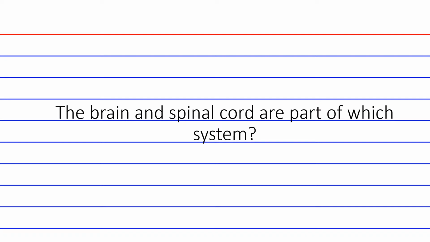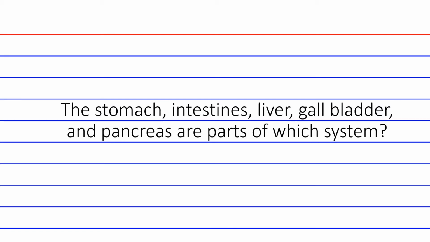The brain and the spinal cord are parts of which system? They are the nervous system. The stomach, intestines, gallbladder, liver, and pancreas are parts of which system? They are parts of the digestive system.